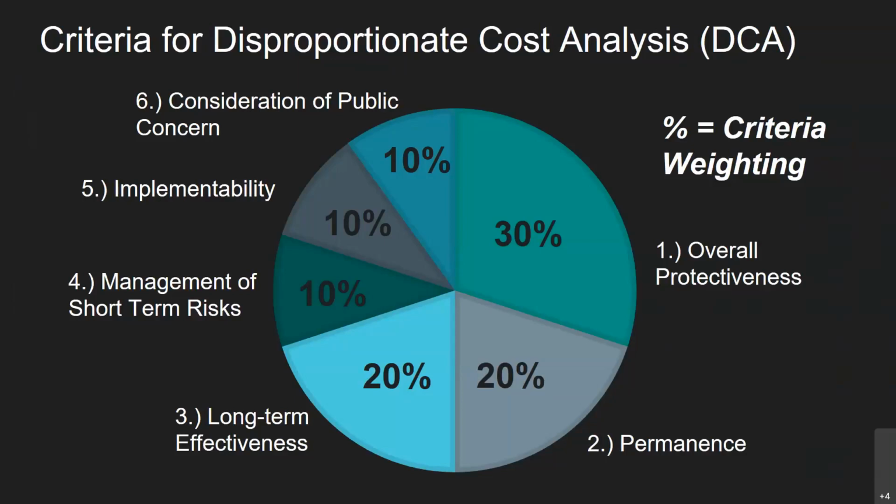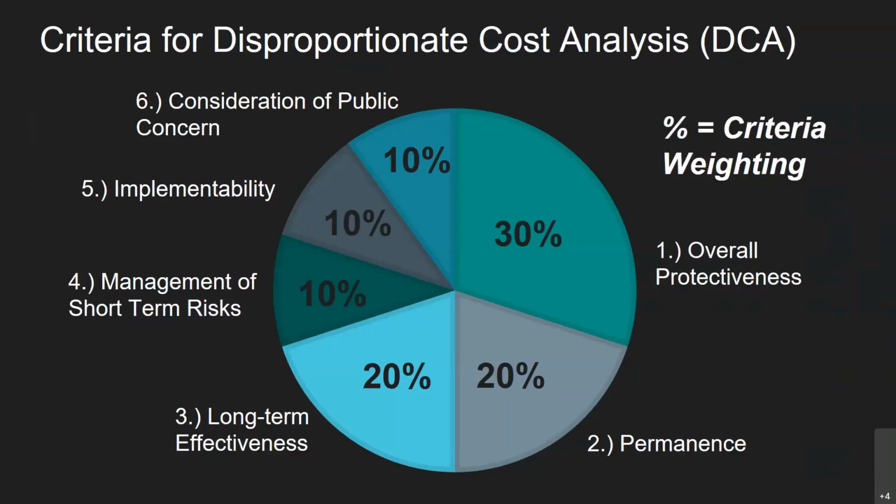As you take all of those details through, it has to go through this criteria weighting and the disproportionate cost analysis. Ultimately, as you put all of those details in there and weight them, it filters through to your different choices that you can look at.